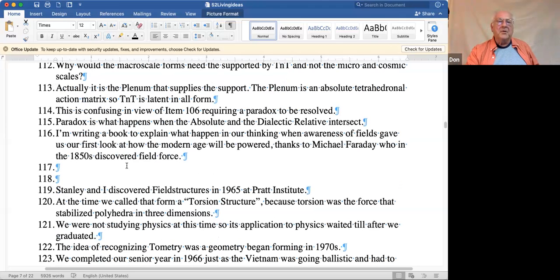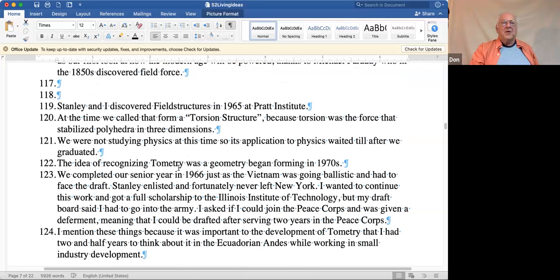I'm writing a book to explain what happened in our thinking when awareness of fields gave us our first look at how the modern age will be powered, thanks to Michael Faraday, who in 1850, thereabouts, discovered field force. Okay, so Stanley and I discovered the field structures in 1965 at Pratt.